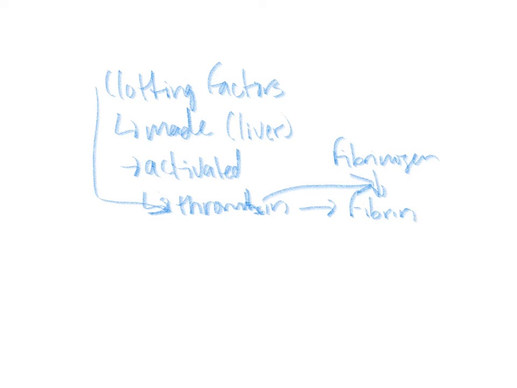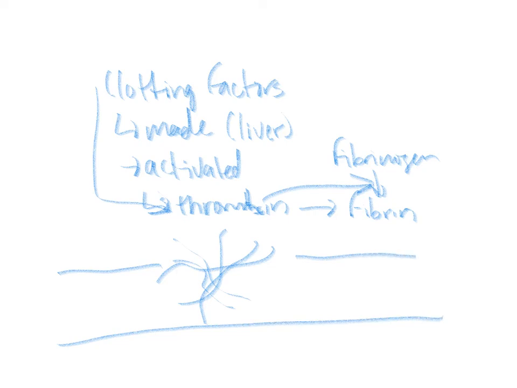And then fibrin, we're going to see, acts kind of like a mesh. So fibrin will kind of come, and it forms a mesh. Let's say we had our damaged endothelium here, right? And we had our platelet plug in place. So we had a bunch of platelets there, kind of plugging it up.